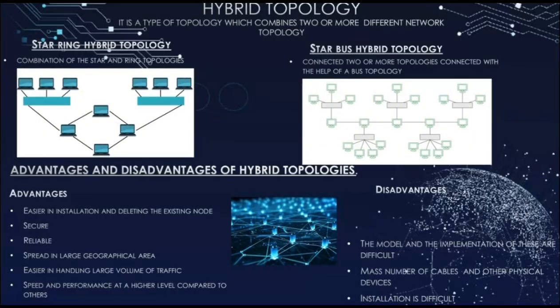The advantages are easy installation, easy deletion of an existing node, security, reliability, spreading over large geographical areas, easy handling of large volumes of traffic, and speed and performance at a high level compared to the others. On the other hand, the disadvantages are that the design and implementation are difficult, and installing a massive number of cables and other physical devices is difficult.